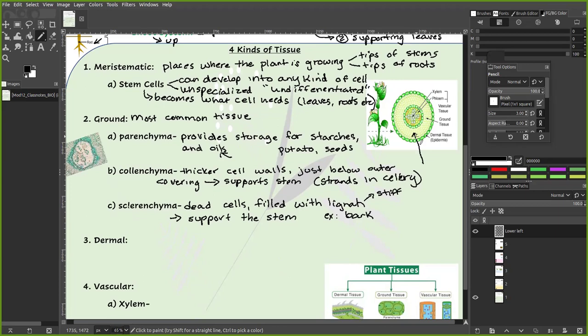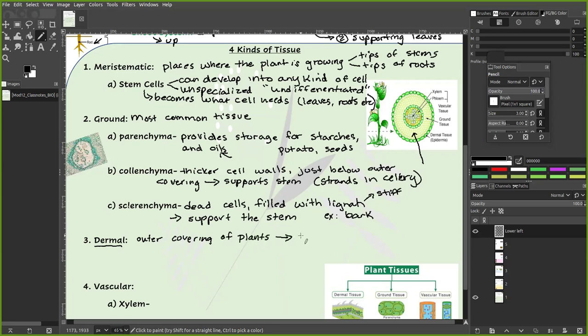Now the next kind of tissue is dermal tissue. And this is found in the outer covering of plants. Dermal is a word often referred to as skin, so outer covering of plants.